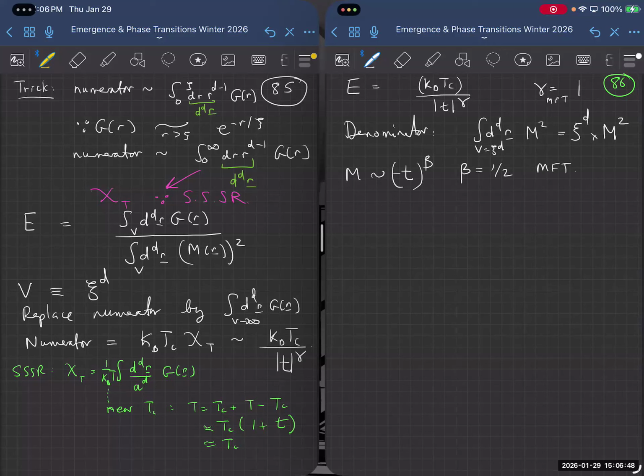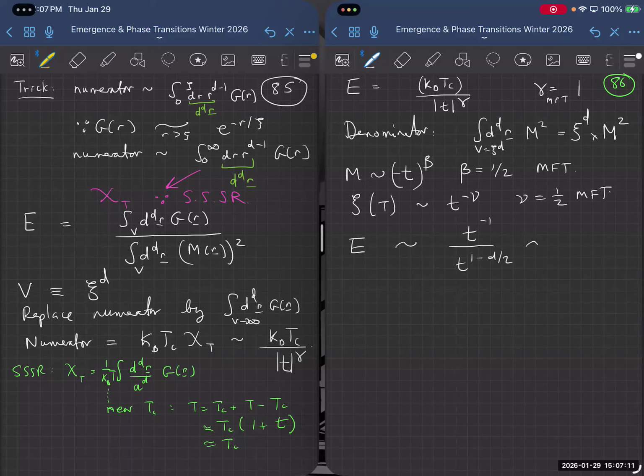And psi of t goes as t to the minus nu, and nu is equal to 1/2 in mean field theory. And so what I get is that E is scaling like t to the minus 1 over t to the 1 minus d over 2.